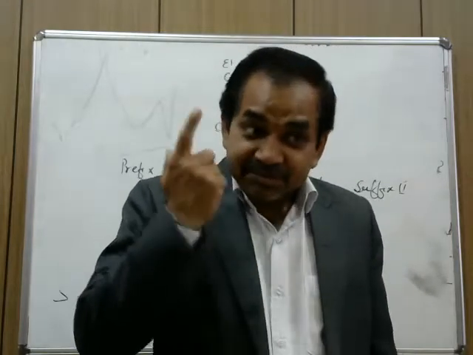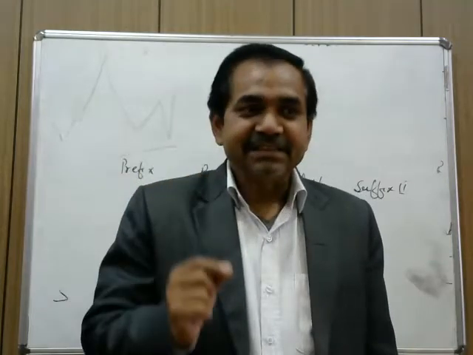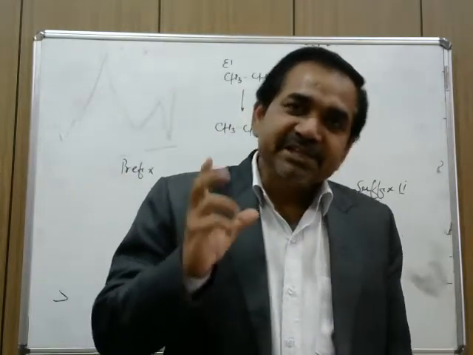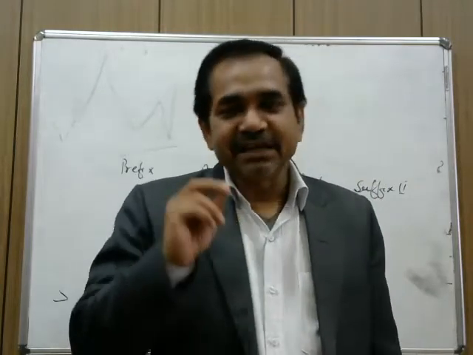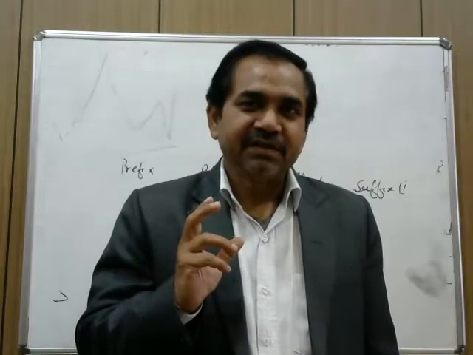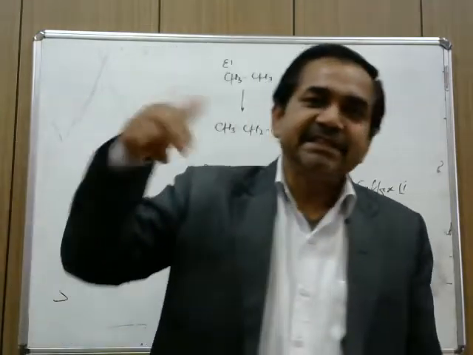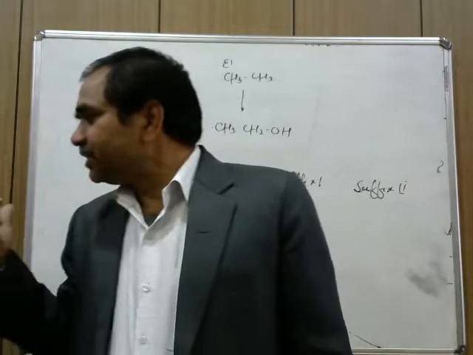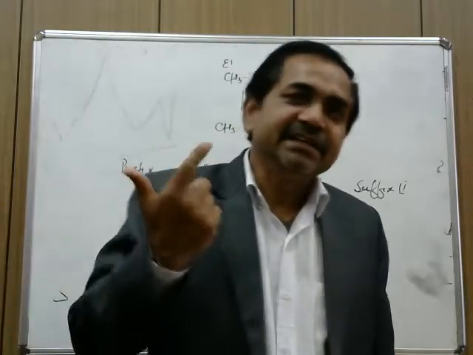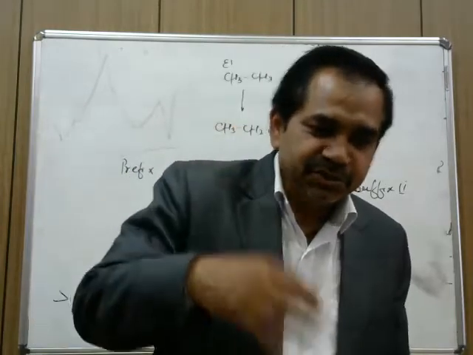If even one double bond is present, then we call it ene. And if even one triple bond is present, then we call it yne, Y-N-E. Then prefix represents substituents that are present in the given compound, and suffix represents functional groups that are present in the given compound. So up to this I had already told you.